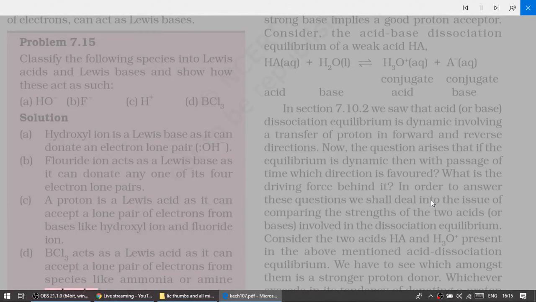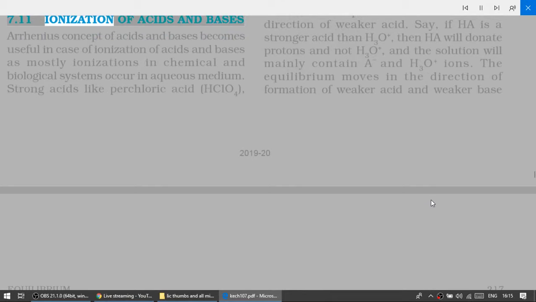7.11 Ionization of acids and bases. The Arrhenius concept of acids and bases becomes useful in case of ionization of acids and bases, as mostly ionizations in chemical and biological systems occur in aqueous medium.